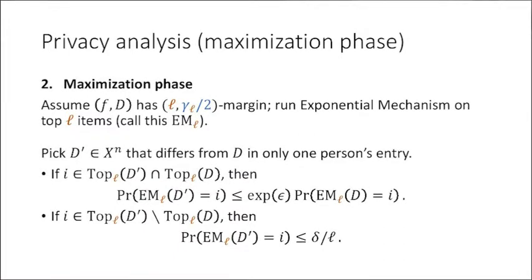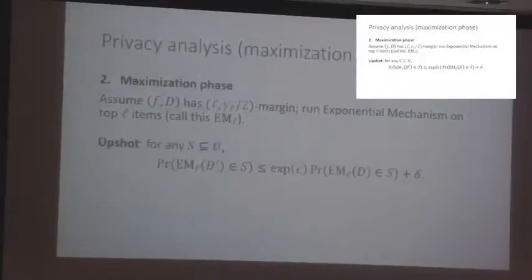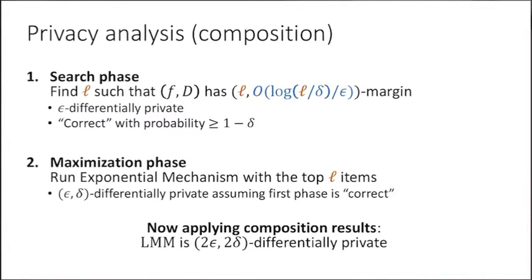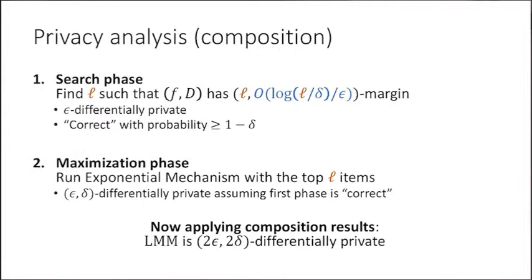And so the upshot is that for any event, the two different distributions under neighboring data sets exactly satisfy the condition you need for epsilon delta privacy. And then putting everything together, since the first step is private and the second step is also private, together they're also differentially private, just by composition rules.